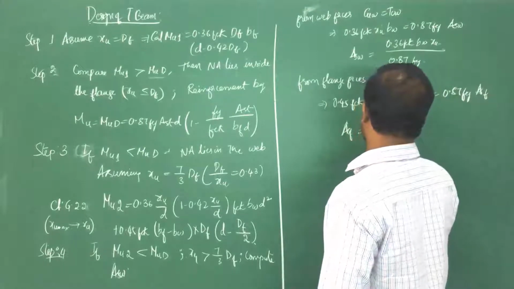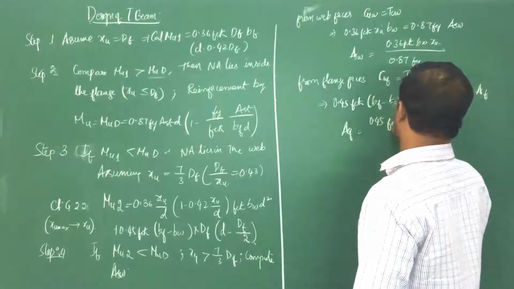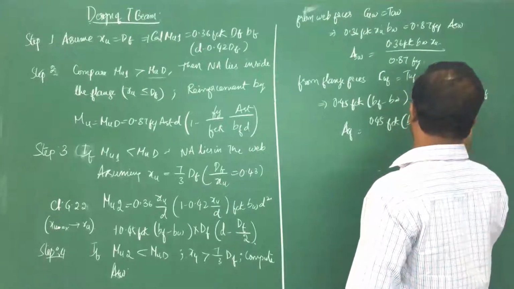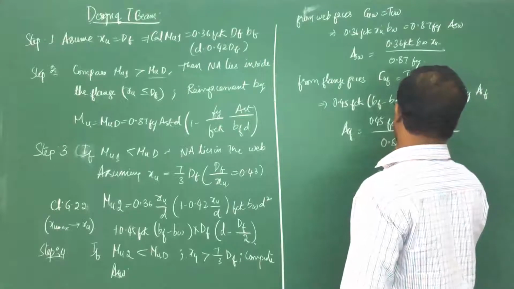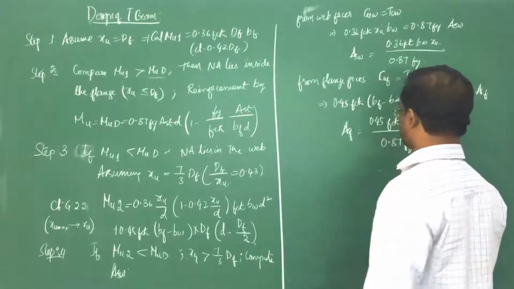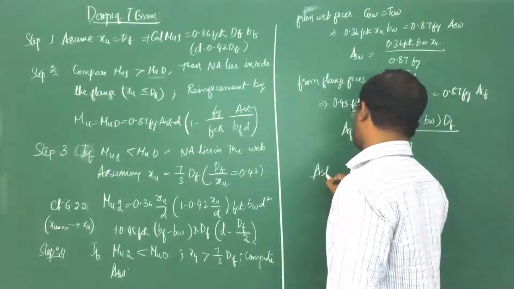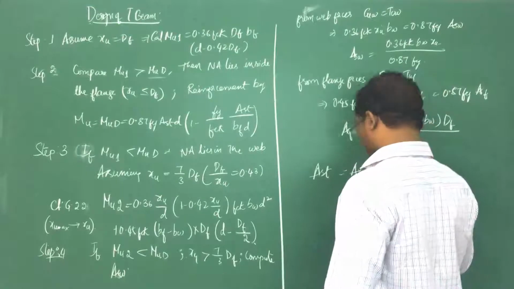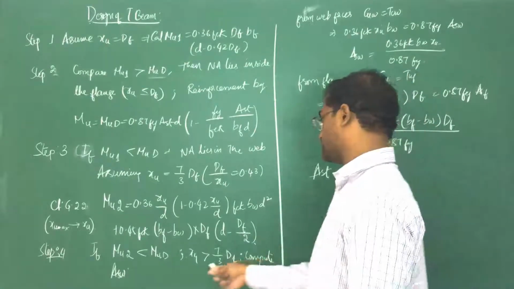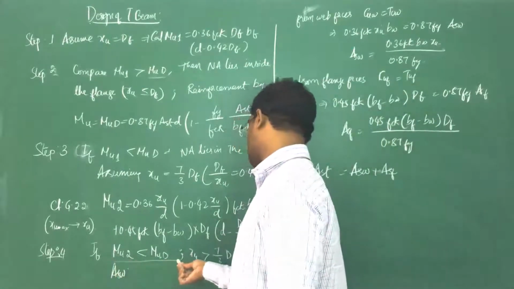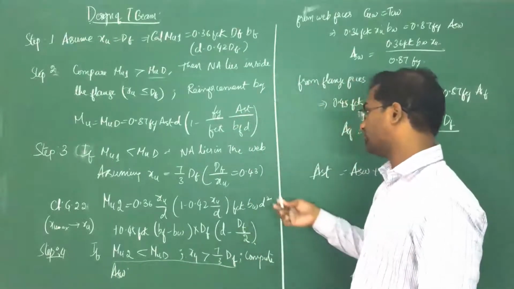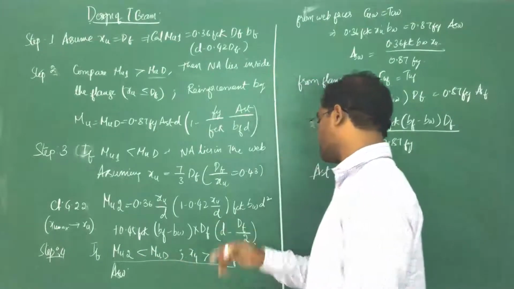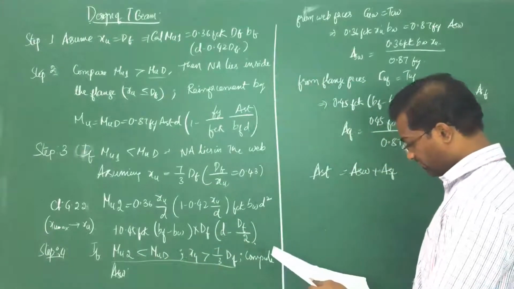Asf can be calculated as 0.45 fck (bf minus bw) Df divided by 0.87 fy. Total area of steel is given by Asw plus Asf. Only if this condition is satisfied, that is, when the moment of resistance of the section is less than the design moment and when the Xu is greater than 7 by 3rd of Df.